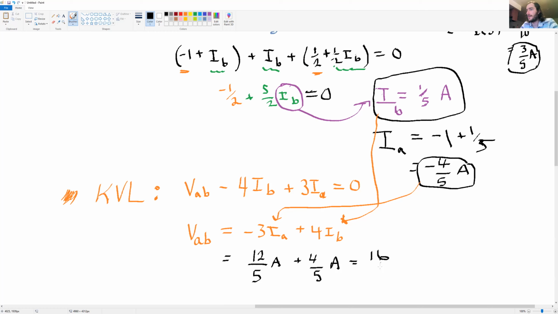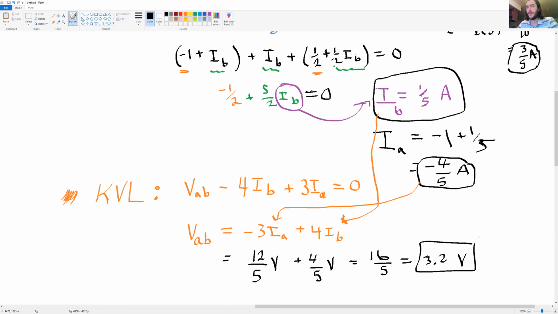These are not amps, these are volts now, because it's 3 ohms times some number of amps, and here it's 4 ohms times some number of amps. So that comes out to 16/5, right? It's exactly 3.2 volts.